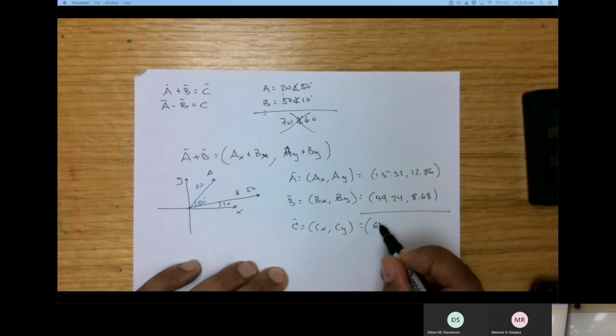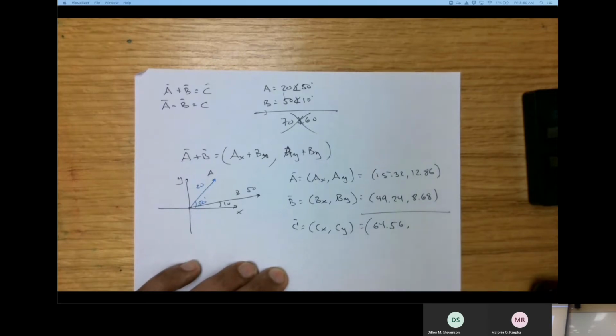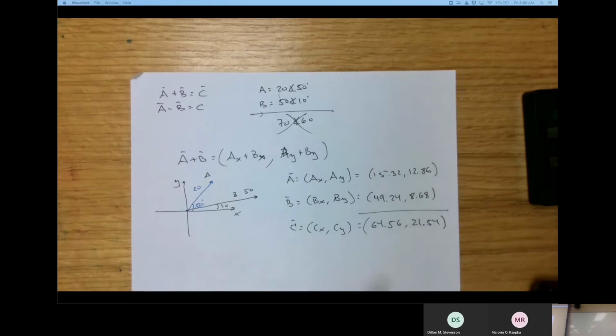So that will be 64.56. And then for the Y component, it will be 12.86 plus 8, so this will be 21.54. Okay, so those are the components of C.